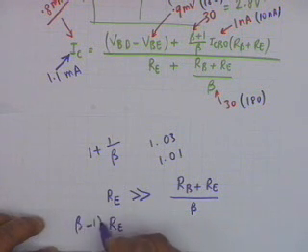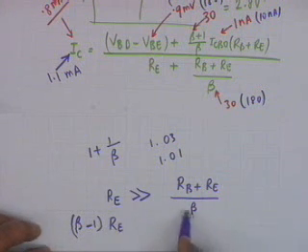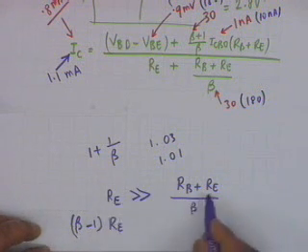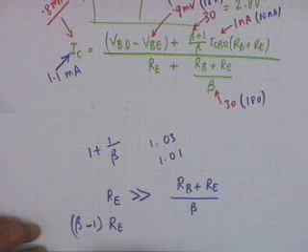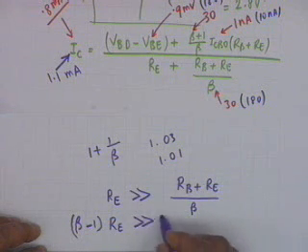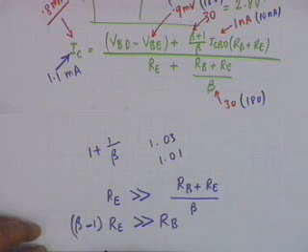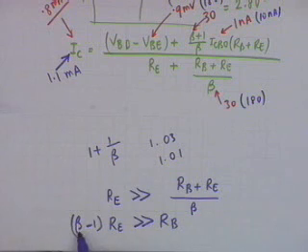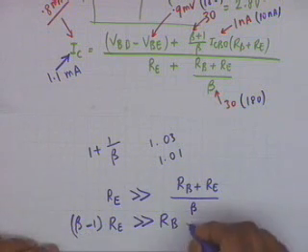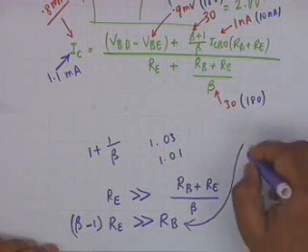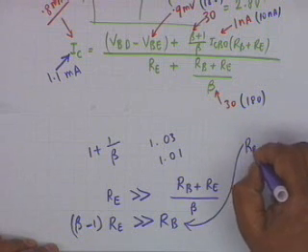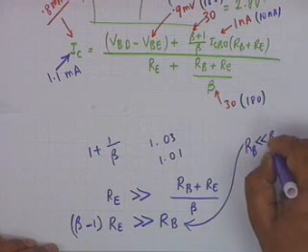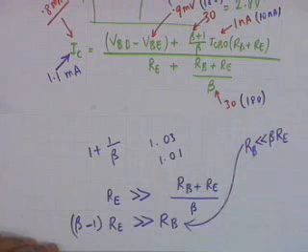If I multiply beta Re and bring Re from right to left, this should be much greater than Rb. This is the condition for independence to beta, and you know beta is much greater than 1, therefore this condition approximates to Rb much less than beta times Re.